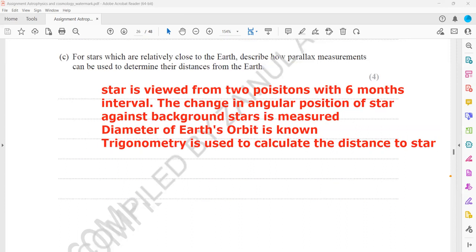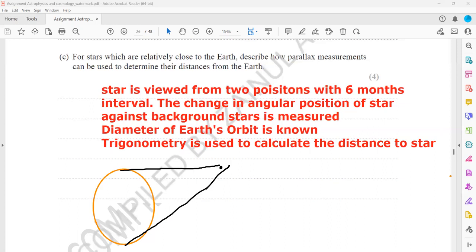Because if any star is closer to us, the change in angle over a period of 6 months will be considerable, and the percentage uncertainty will be reduced.